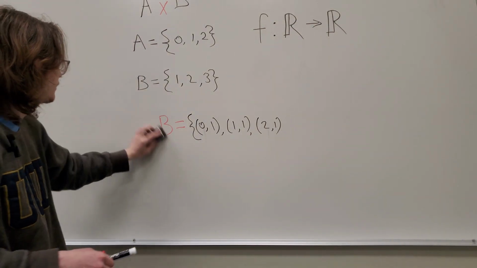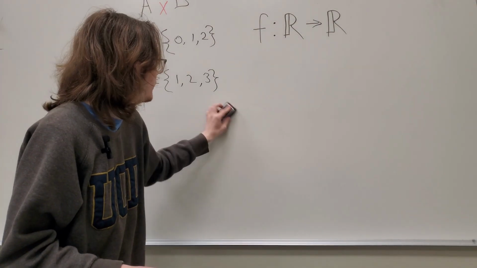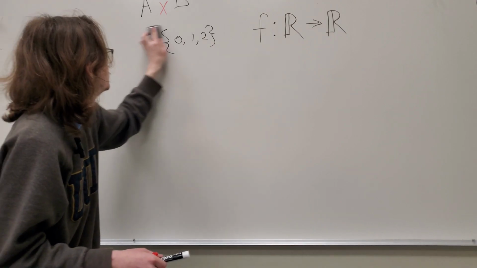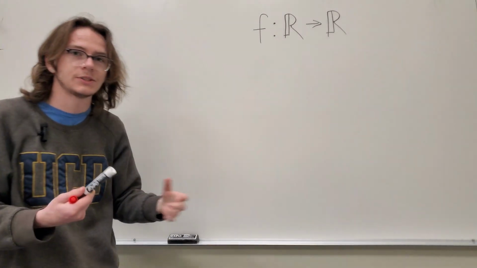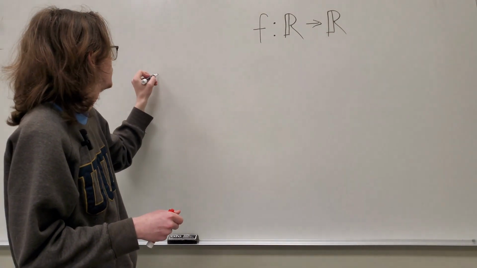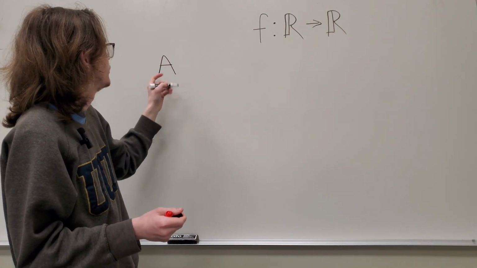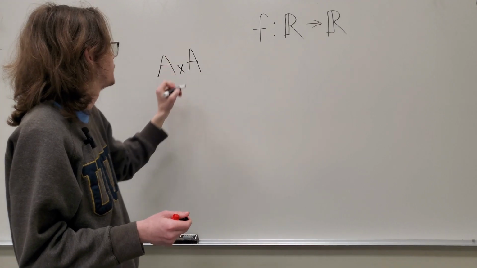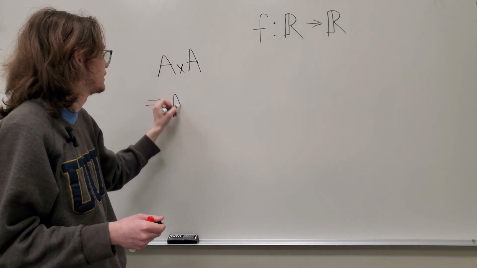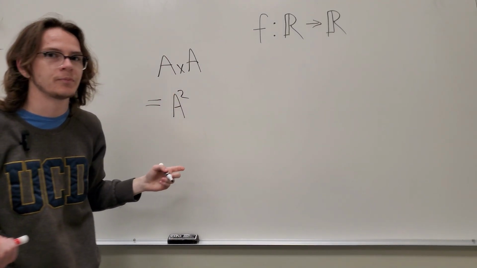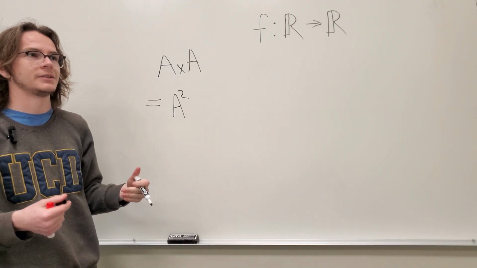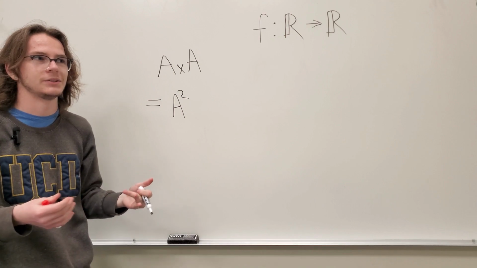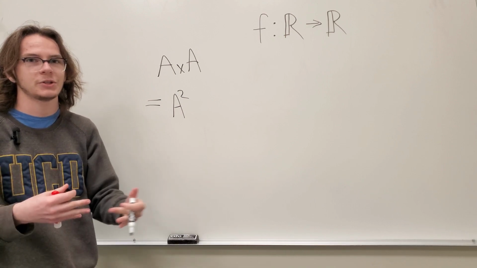There is one other piece of notation that we will need to understand, and that is if you cross a set with itself. So for example, take our set A again. If we cross A with itself, this is just the same thing as saying A2. It's not A squared, because a square implies a typical exponent, and an exponent is scalar multiplication.